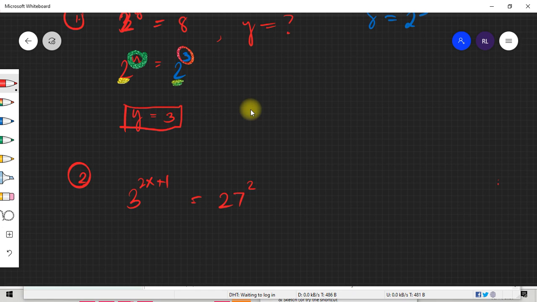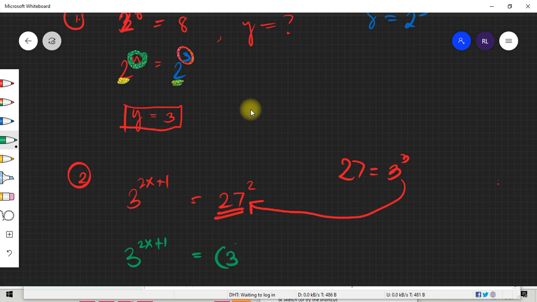We know that 27 is just 3 cubed. So we can replace 27 by 3 cubed. So we have 3 raised to 2x plus 1 equals 3 cubed, all raised to 2.